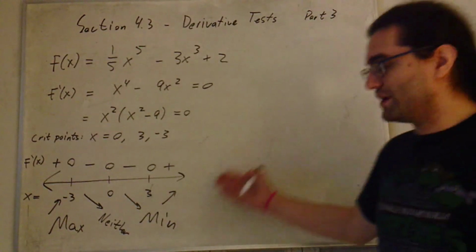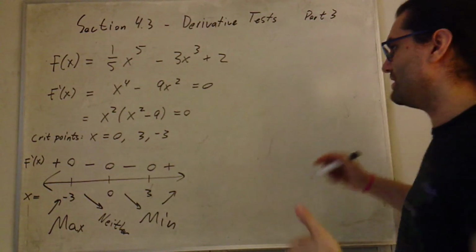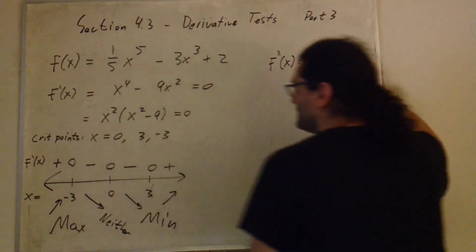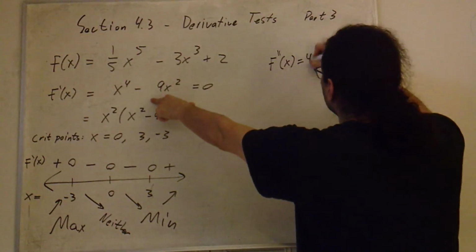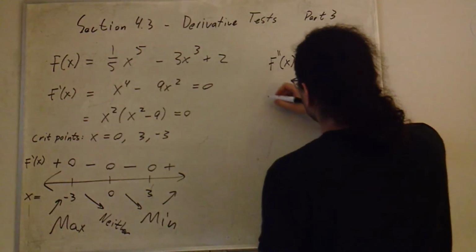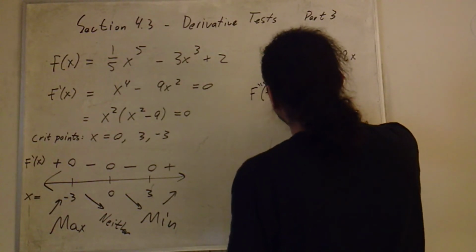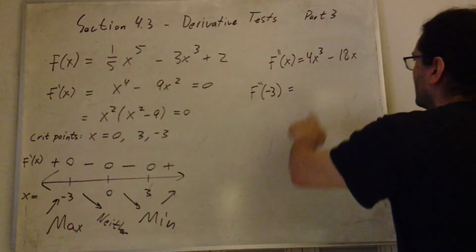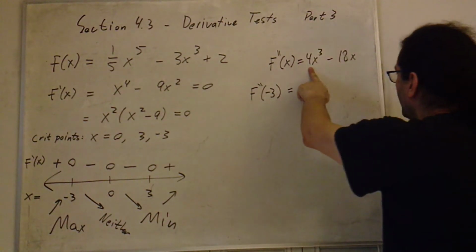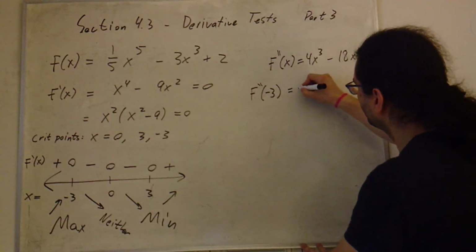So, knowing now that we should expect some weird nonsense, let's see what the second derivative test has to tell us. The second derivative of f is 4x cubed minus 18x. So I'm going to plug -3 in here, and we'll get -27 times 4 is -100-ish, plus 80-ish is still negative.